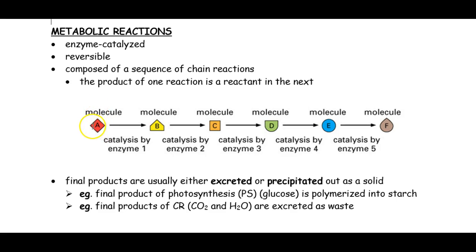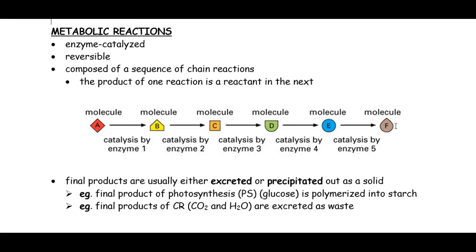So, for example, molecule A becomes molecule B. So B was the product coming from molecule A, but then becomes the reactant used to make molecule C. And so here we have a series of chain reactions, with different enzymes catalyzing each process.